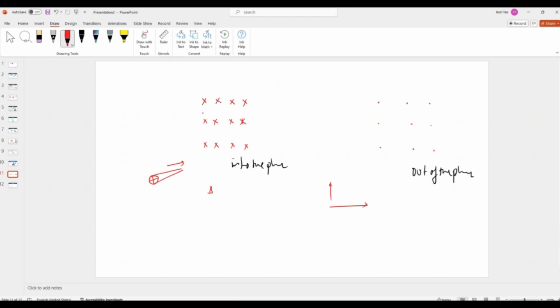If a charge, any positive or negative charge, with some velocity is placed inside a magnetic field, then this charge will experience some force. So what theory says is, whenever a charge, whether positive or negative, is placed in a magnetic field, it will experience a force.